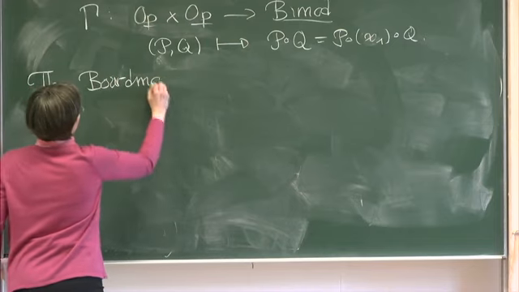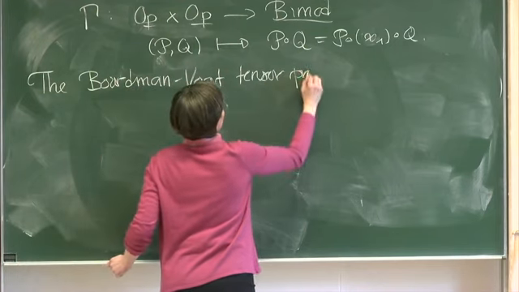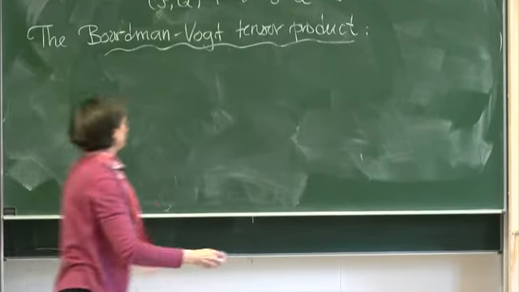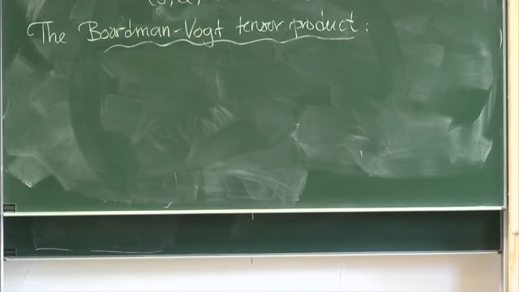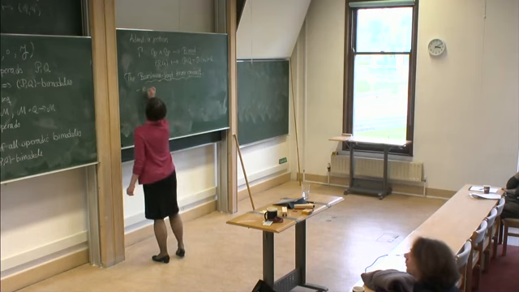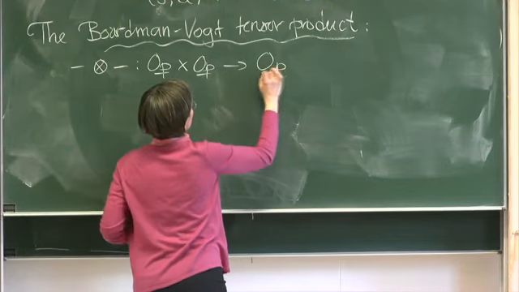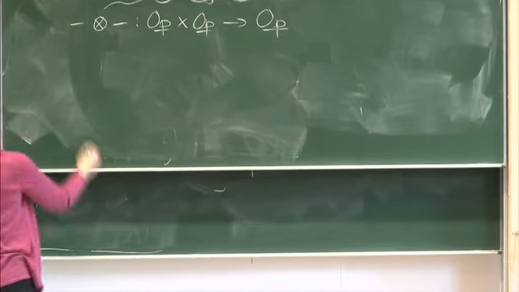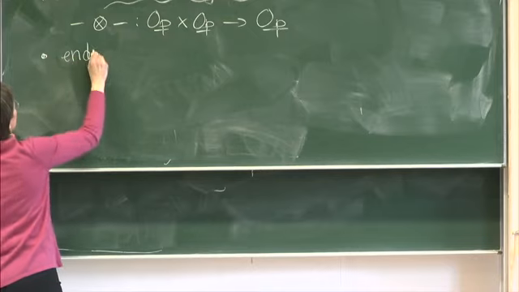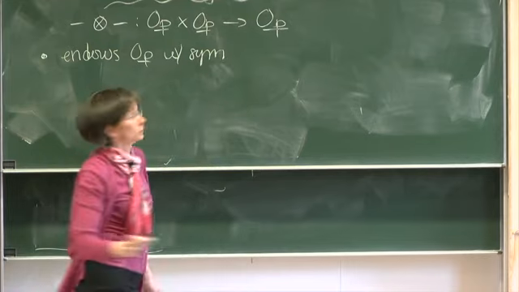The Boardman-Vogt tensor product in its usual version endows the category of operads with a symmetric monoidal structure. So it's a functor we'll denote like this. Like so. And what's special about it is it endows this category of operads with a symmetric monoidal, even closed symmetric monoidal structure.